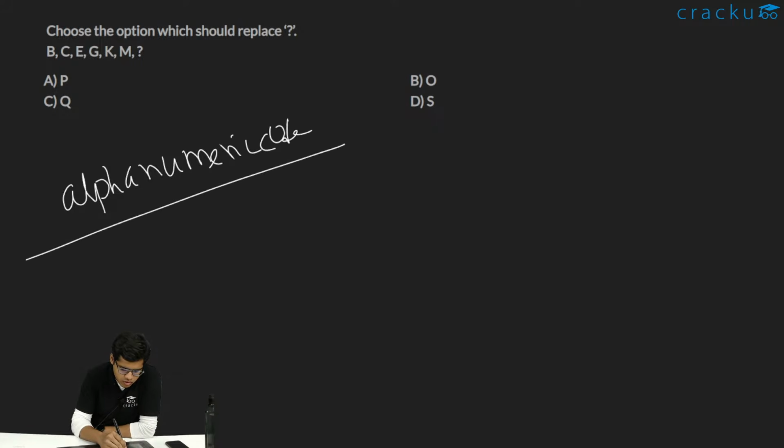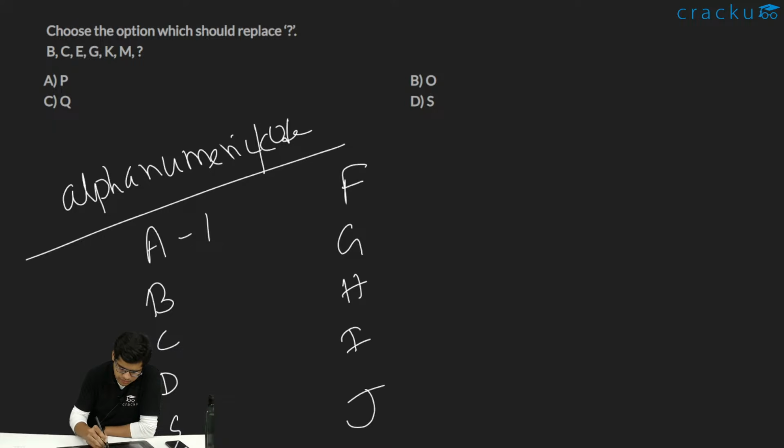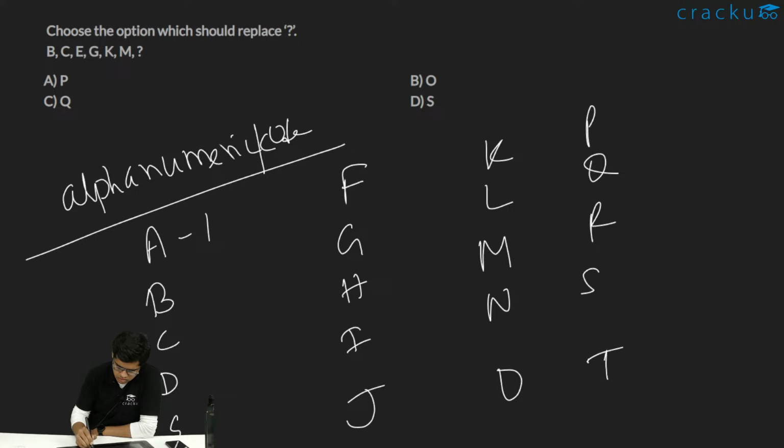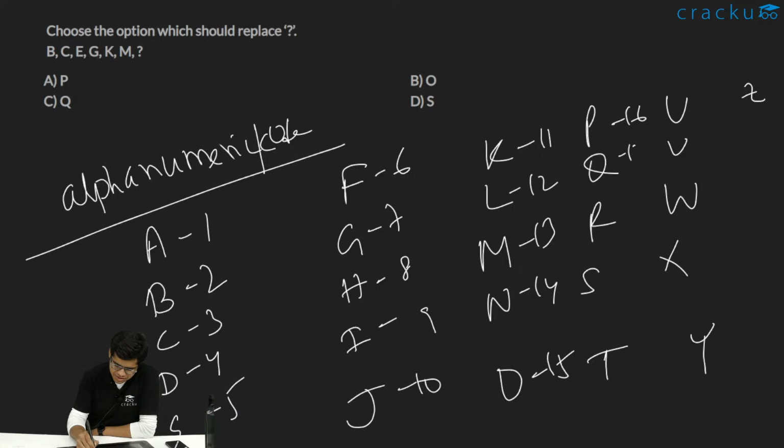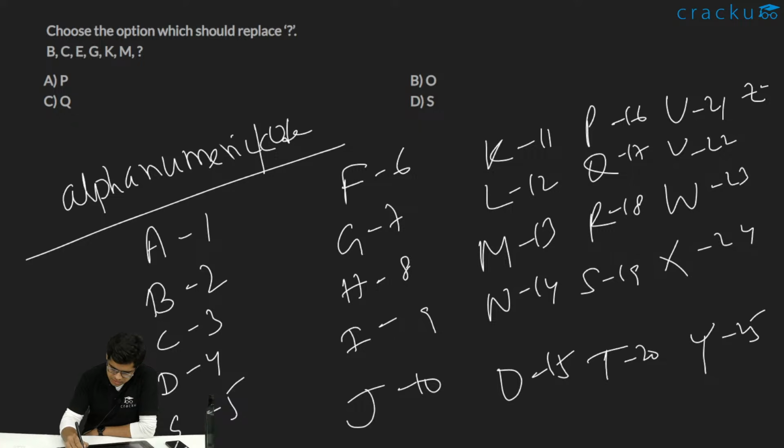If you remember the alphanumeric code, A is 1, B is 2, C is 3, D is 4, E is 5, 6, 7, 8, 9, 10, 11, 12, 13, 14, 15, 16, 17, 18, 19, 20, 21, 22, 23, 24, 25, 26.